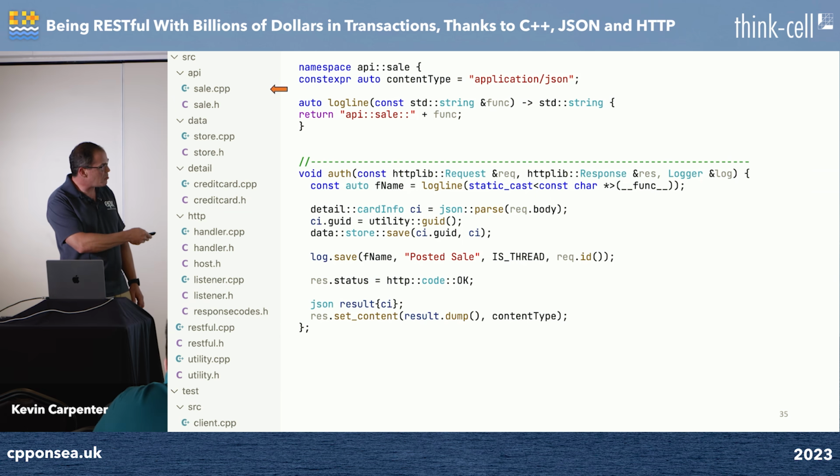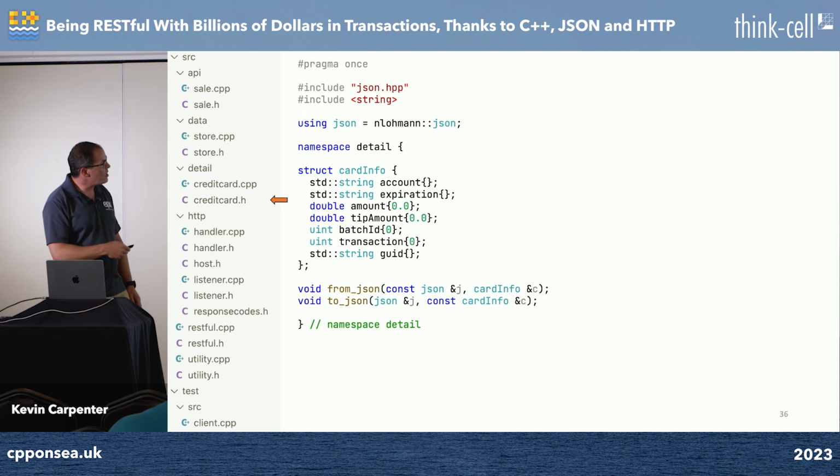The result.dump takes the JSON result and turns it into a standard string. That's what the dump method does. And the content type is there because set content, as the return result for httplib, needs the content type as well as what you want to return. That right there is actually the end of the httplib request. Once that goes out, it'll set back your 200 and go right back up the chain. httplib is now done with that transaction, and that's it.